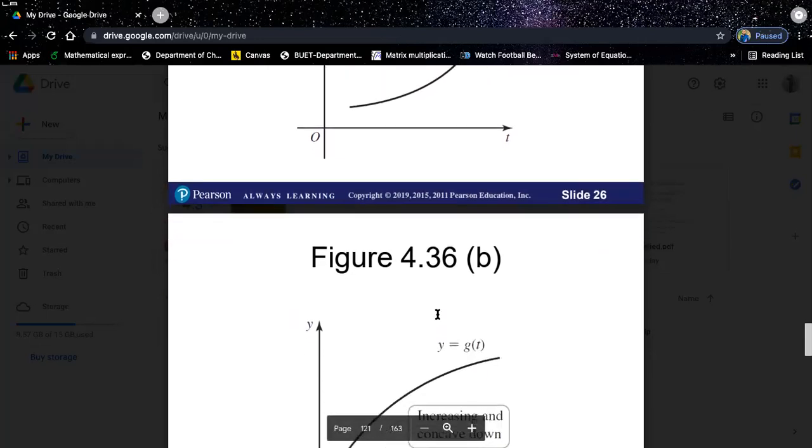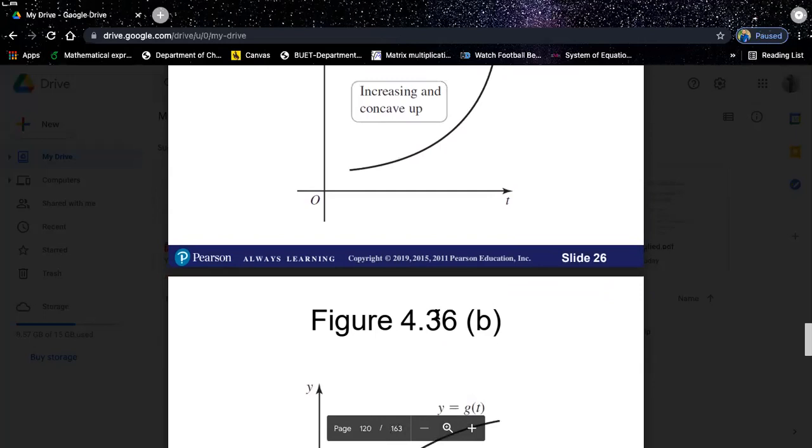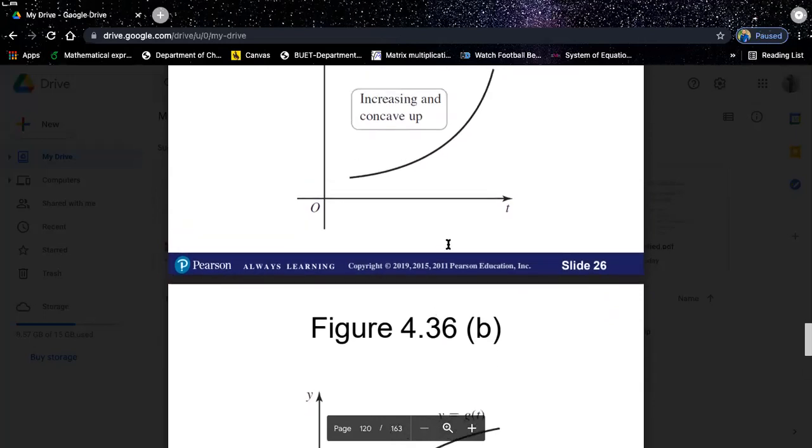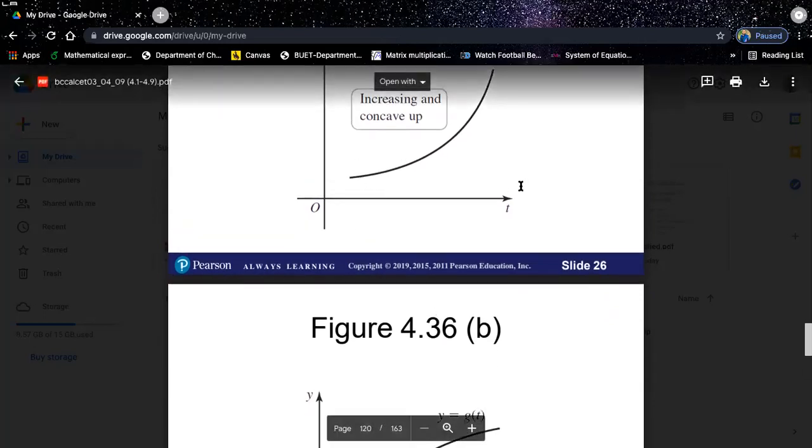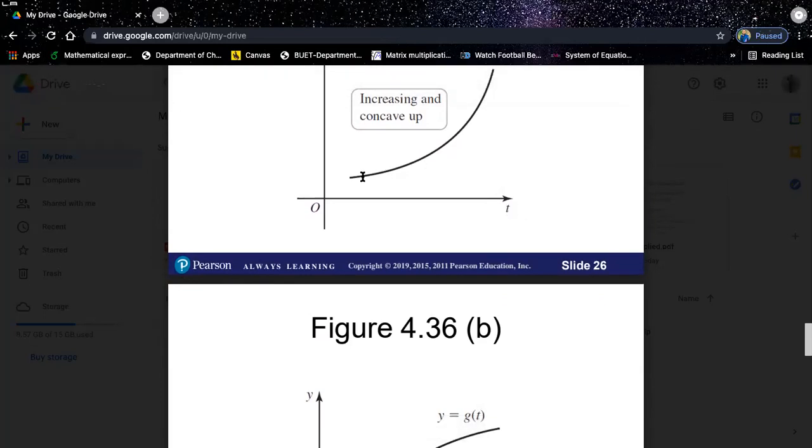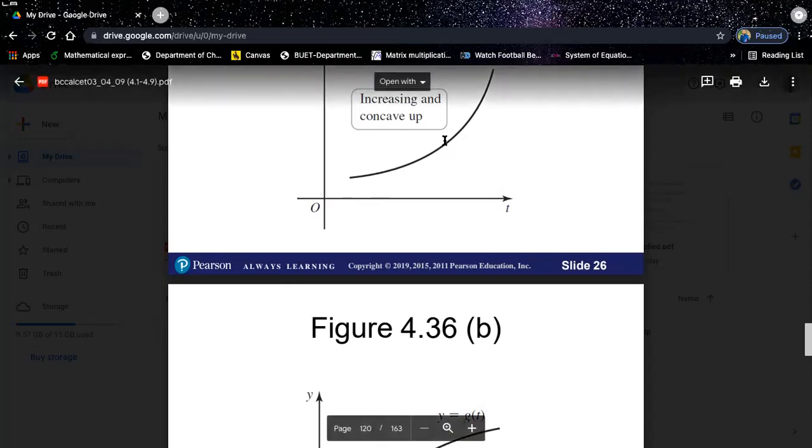And you might be wondering why. So here is a simple example. As we are moving to our right, you can see the slope of the tangent, or the angle it's creating with the x-axis, is slowly getting increased. Do you agree?